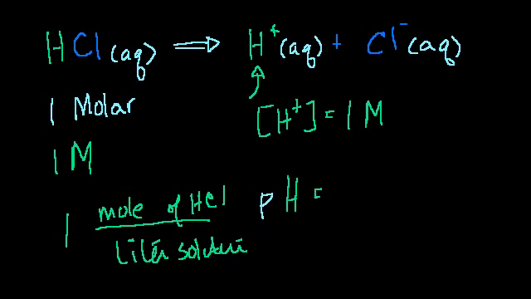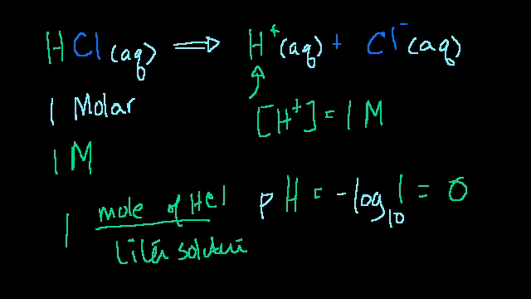is going to be equal to the minus log base 10 of our hydrogen concentration of 1. 10 to the what power is equal to 1? Well, anything to the 0th power is equal to 1, including 10. So this is equal to 0. Minus 0 is just 0. So your pH is 0.